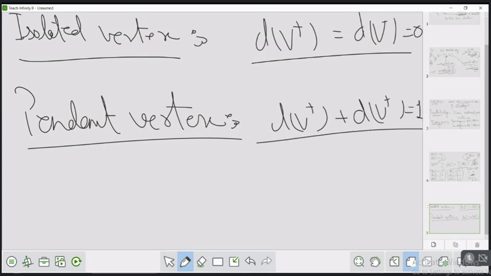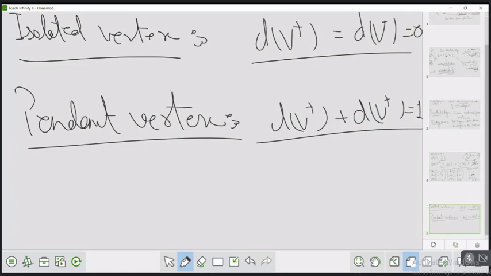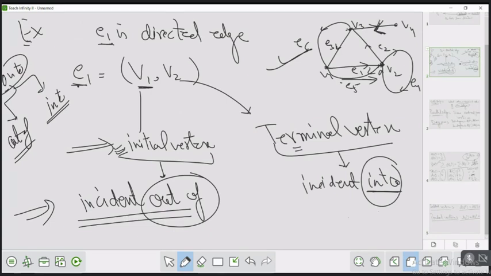Suppose I take this one, here V4 has one edge. We can include the direction like this way: the out degree of V4 is 0 and the in degree is 1, and it is satisfied, 0 plus 1 is equal to 1. Also we can take the direction the other way.